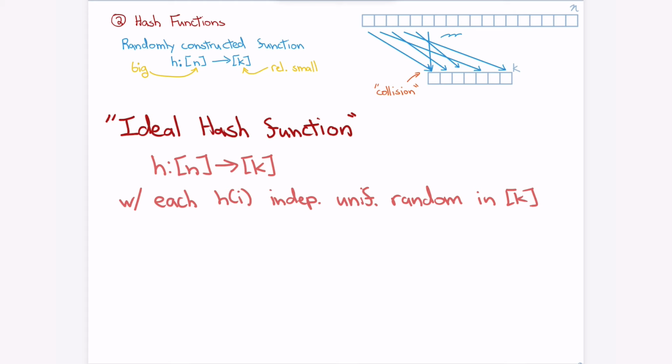But I want to argue that it's actually hard to do much better than this. If this required roughly n space, that would be bad because n could be ginormous, because n is the size of our universe. But how can I argue that writing down ideal hash functions would require that much space?